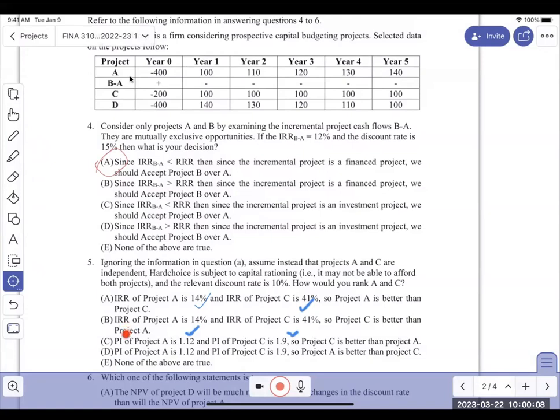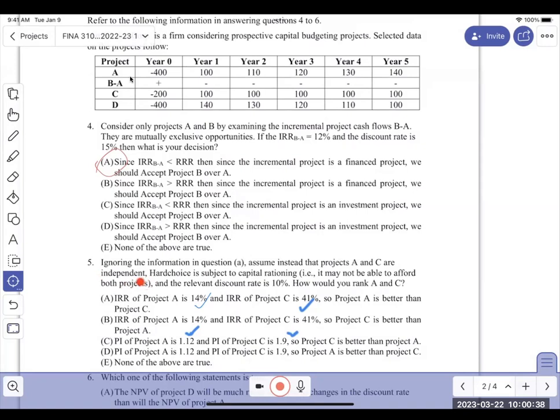So let's look at B. The IRR of project A is 14%, C is 41%. And they are both investment type projects, but so the problem is you can only pick one, or what do they say here?